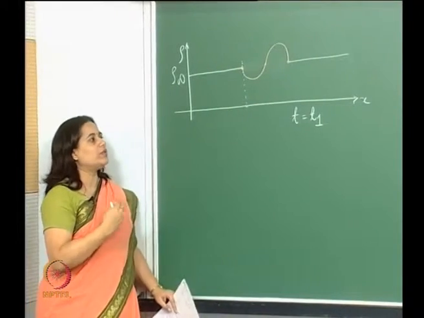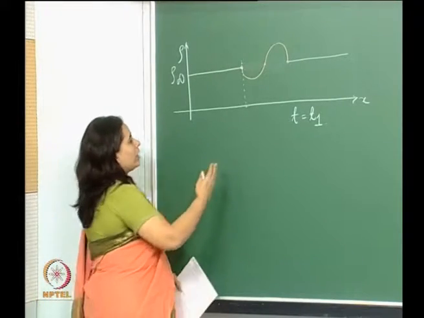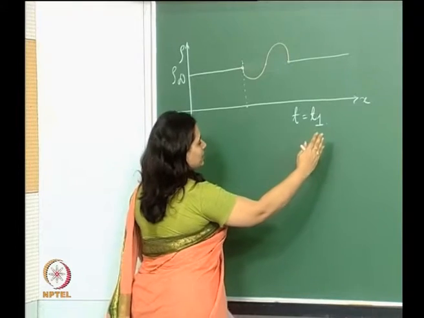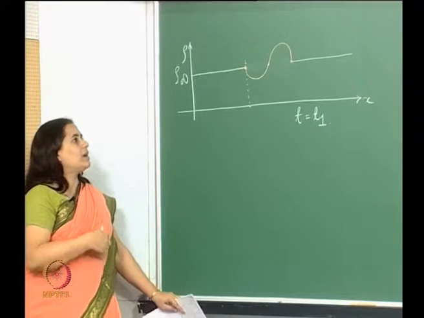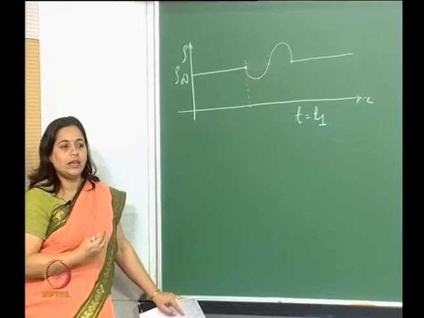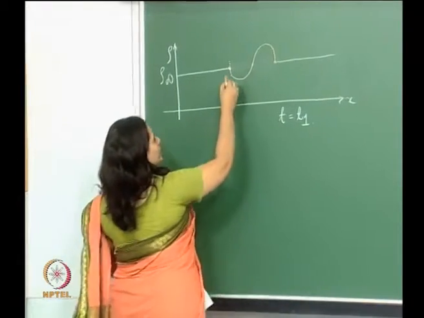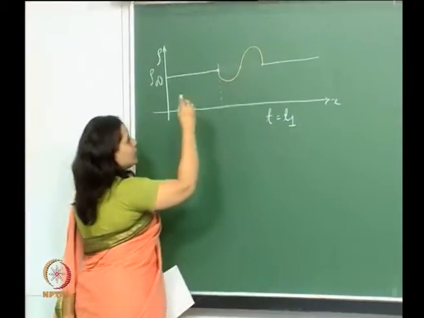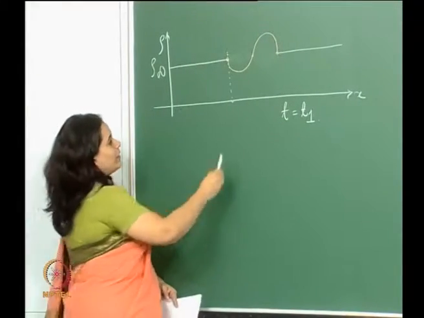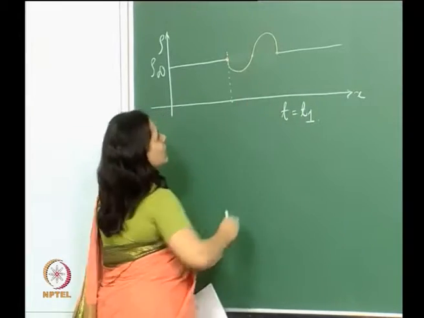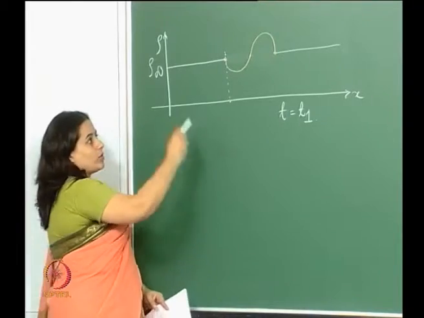What we will try to look at is how this looks as we go further down x, and also at a different instant of time. This is what we are trying to look at when I say the propagation of a disturbance. If I keep going further down in the x direction, what will this disturbance do?